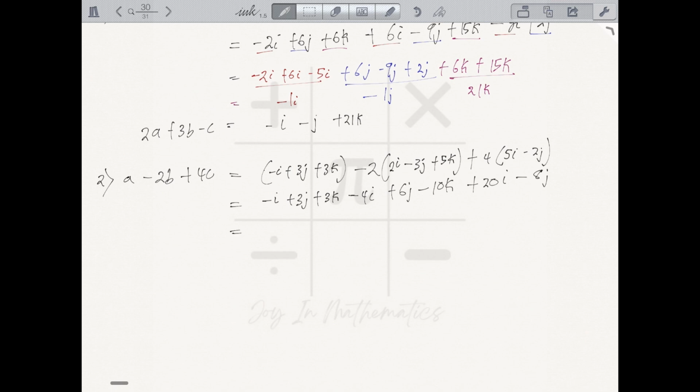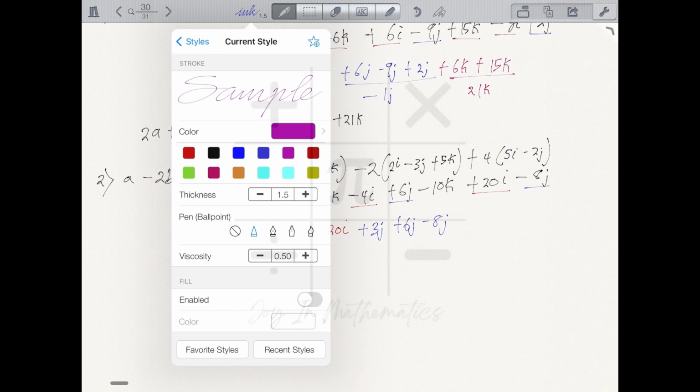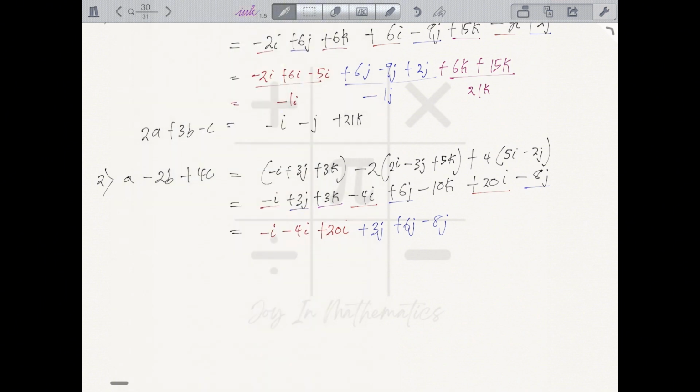Now with that done, let's evaluate the corresponding terms. Minus i minus 4i plus 20i. Next is the j component, 3j plus 6j minus 8j. And finally the k component, that will give us plus 3k minus 10k.